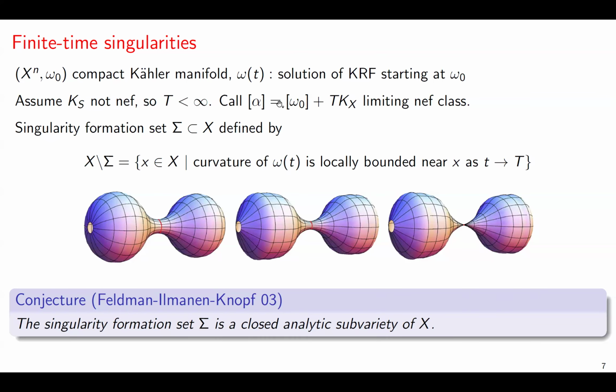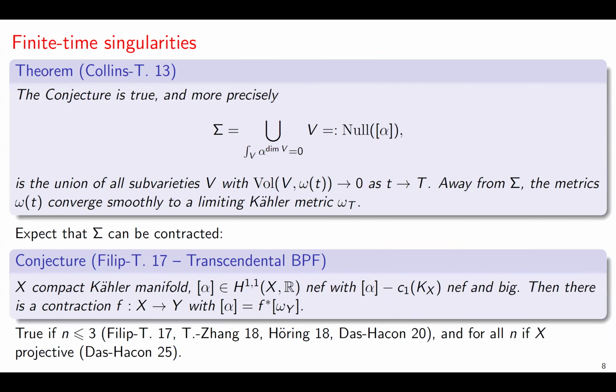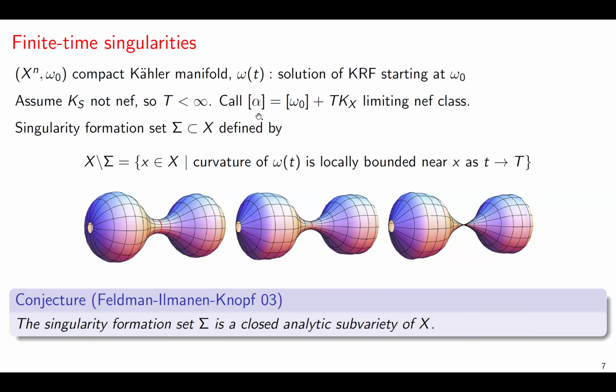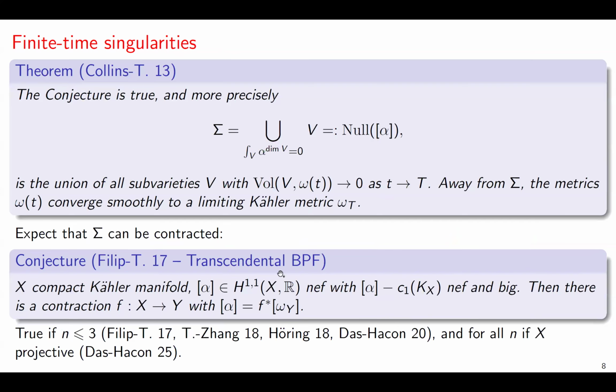So then Kawamata's base point free theorem exactly applies and would tell you that alpha is a semi-ample class. So this line bundle corresponding to alpha after clearing denominators is semi-ample. And that would provide you a contraction for which that line bundle is the pullback of an ample one.